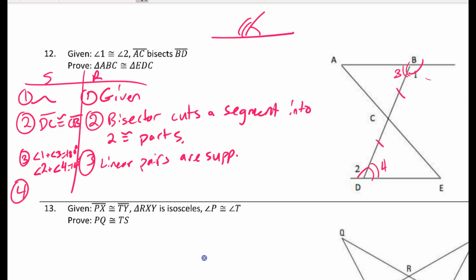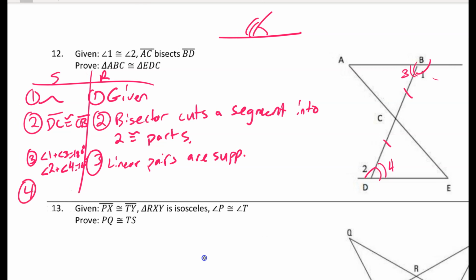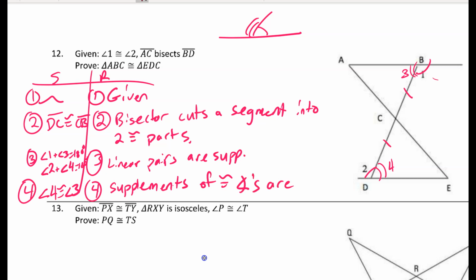Now for number 4, I can make an argument that angle 4 should be the same as angle 3 because supplements of congruent angles are congruent. You don't have to write that.